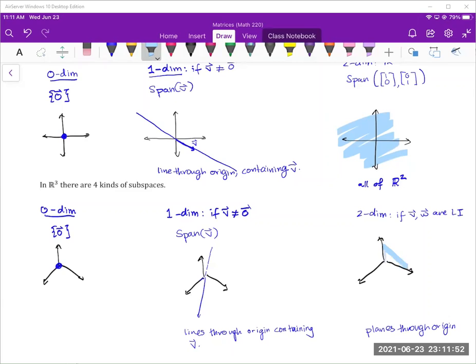I'm just going to draw a little triangle in this plane. But for example, here, this is the plane based on the z direction and the y direction. So this would be the span of (0, 1, 0) and (0, 0, 1), or the YZ plane.